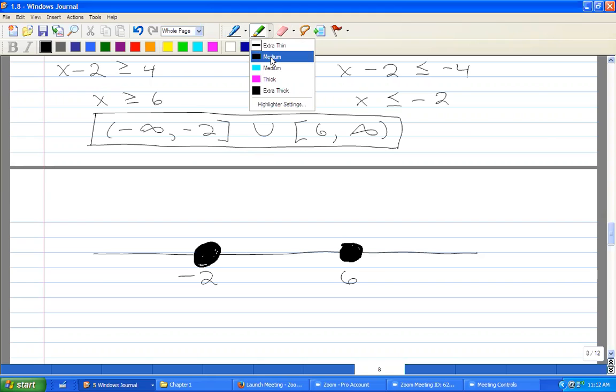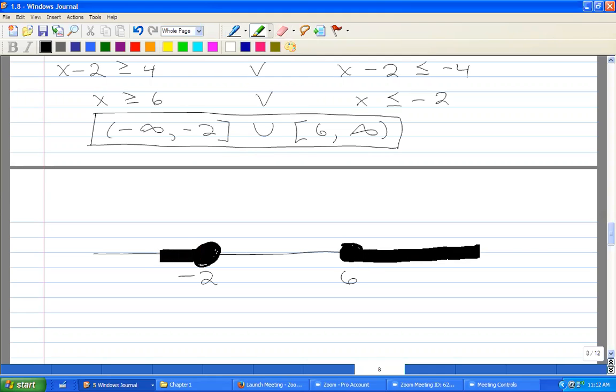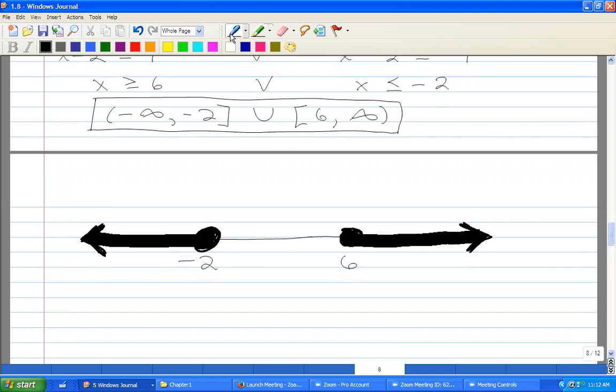So it's greater than or equal to 6. It is less than or equal to -2. And so it'll be the union of these closed intervals. And that's your answer.